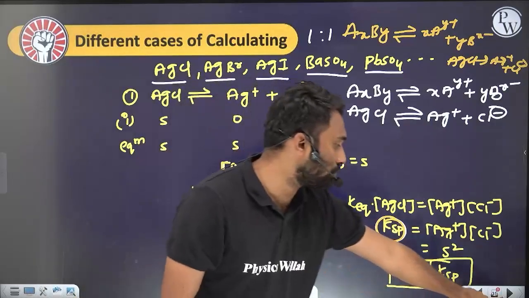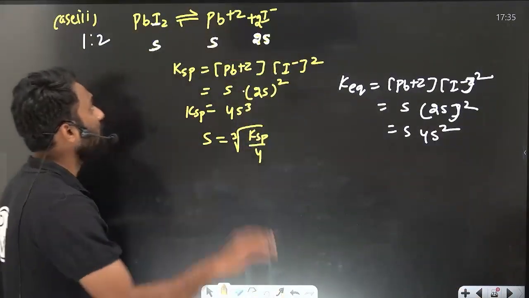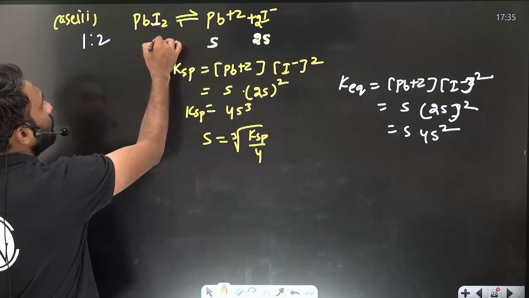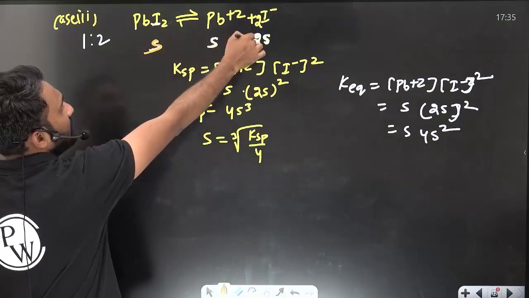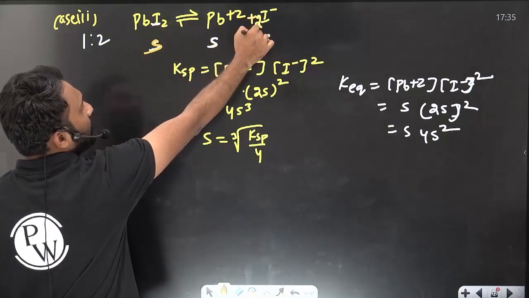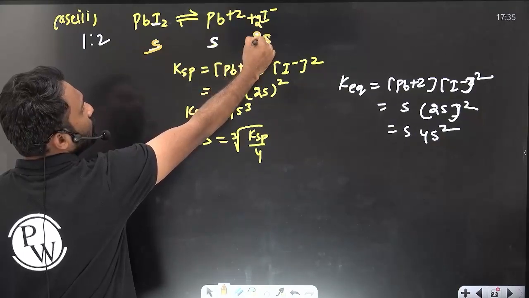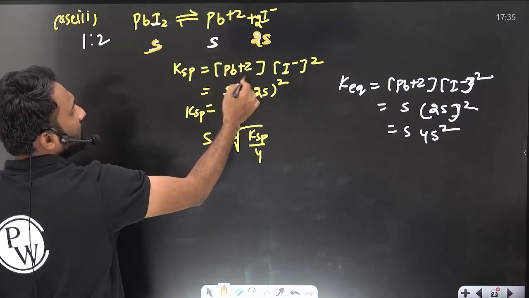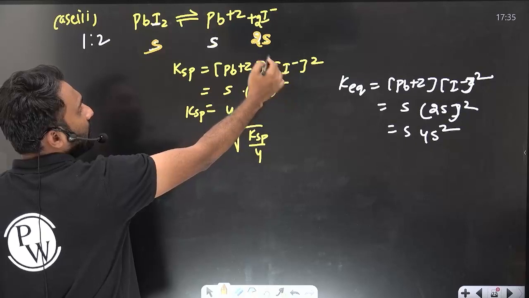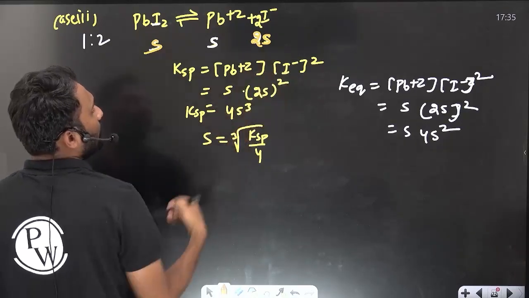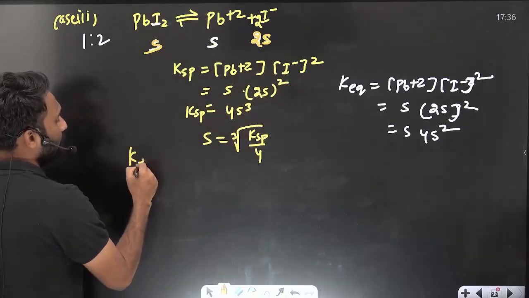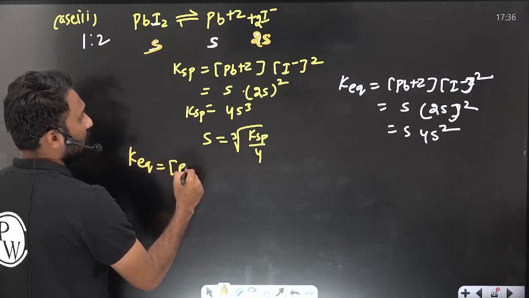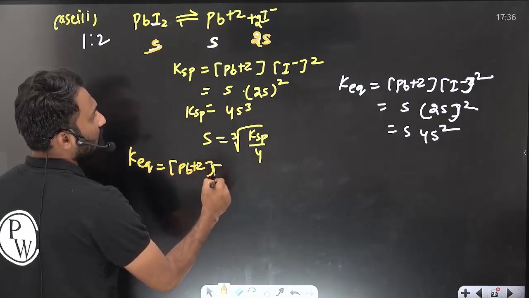Now if a 1:2 type salt is given, PbI2, initially it is S and it has stoichiometric coefficient 2, so 2S. Now Pb2+ has S, and I- has 2S. Here K equilibrium is the concentration of Pb2+ and the concentration of I-.